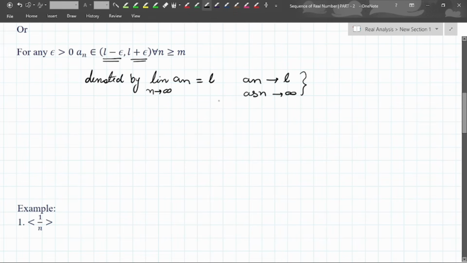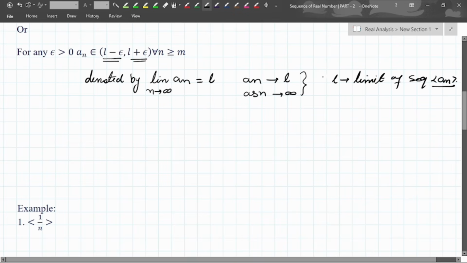This is the meaning of convergence of a sequence, and L is called the limit of the sequence a n. If every term lies in this neighborhood of L, then we say my sequence is convergent.